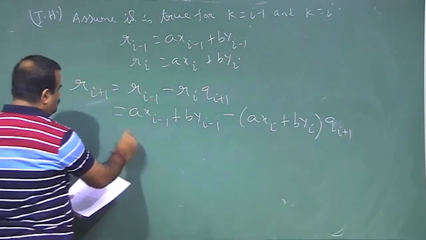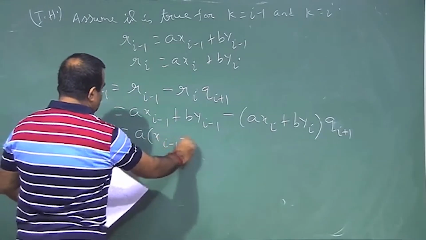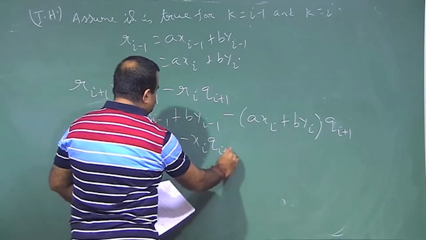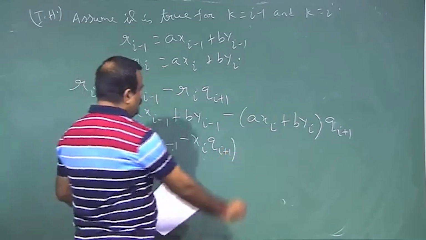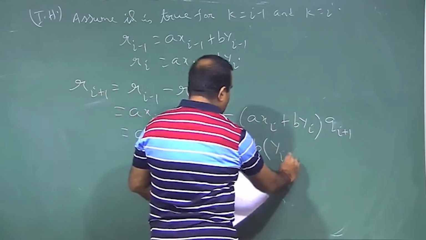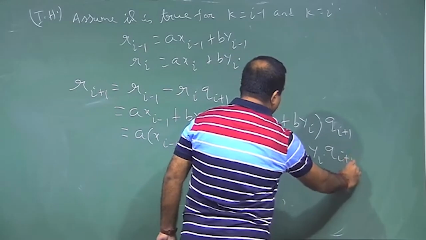We can write this as a times (x i minus 1 minus x i q i plus 1) plus b times (y i minus 1 minus y i q i plus 1).